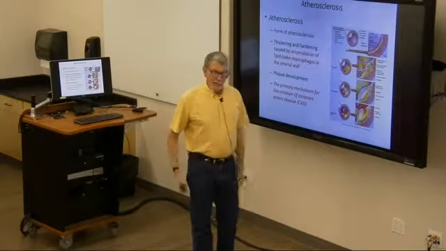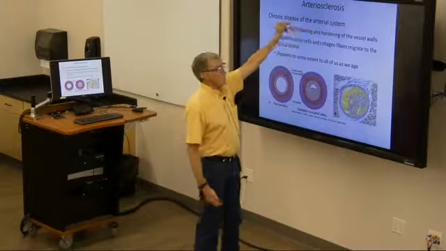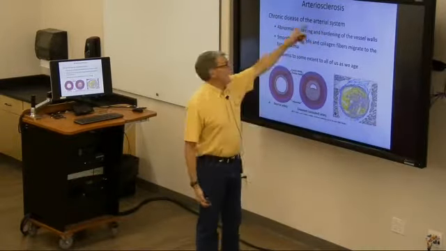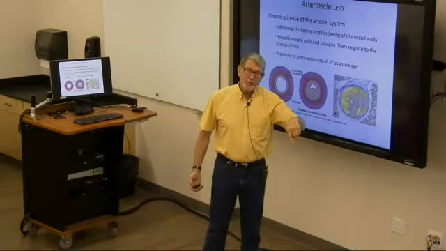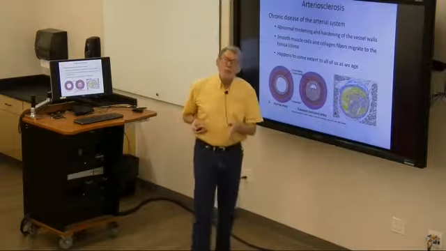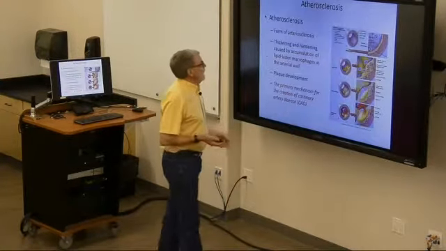Atherosclerosis is not exactly the same as arterial sclerosis. This is a general hardening of arteries. It can be caused by atherosclerosis or by just a fibrosis of the blood vessels over the lifetime.